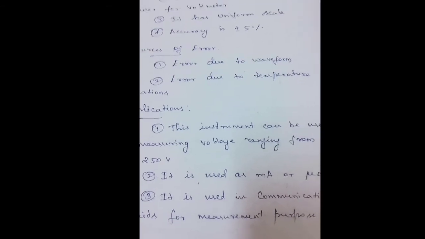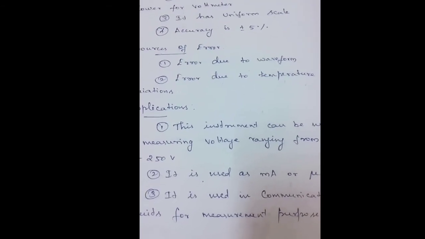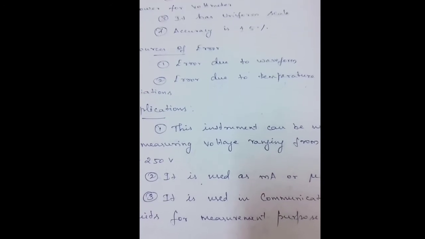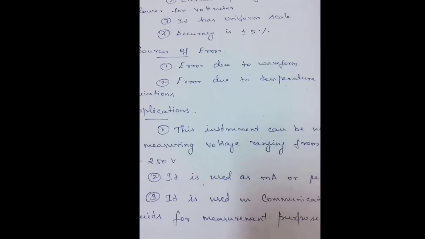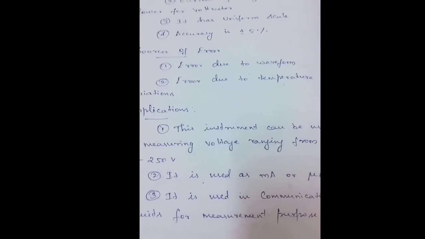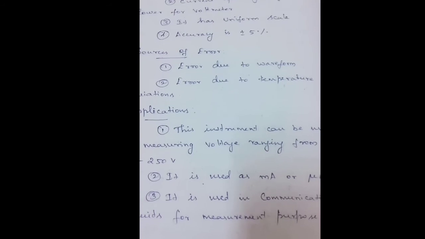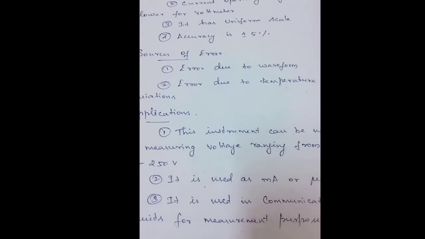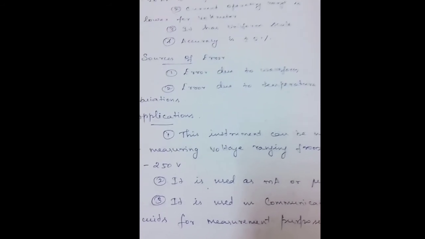Once we calibrate the instrument with a particular type of waveform, we cannot use it for measuring other types of waveforms. That's the major cause of error in this instrument. Error also occurs due to temperature variations. Due to variation in temperature, the resistance values of the diodes vary, which can add up in the output stage and cause error in the measurement values.